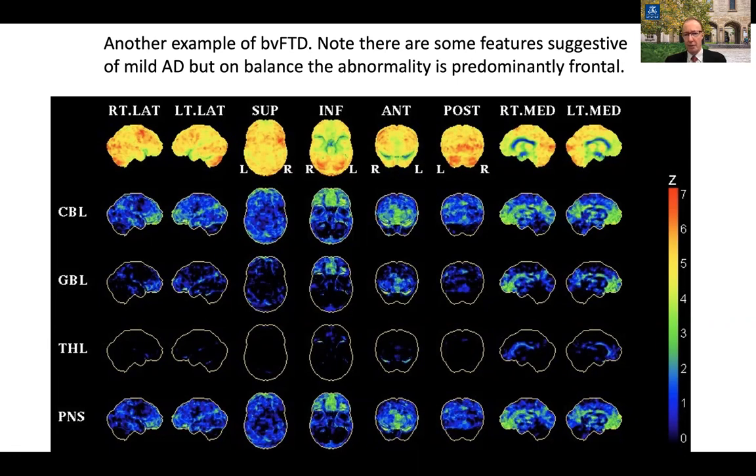The predominant abnormality is anterior, so we go with the diagnosis of frontotemporal dementia. Now, it would be nice to know if this person has some visual impairment, explaining this mild reduction in the medial occipital region. And as I mentioned, some AD type changes are quite common in patients with frontotemporal dementia.